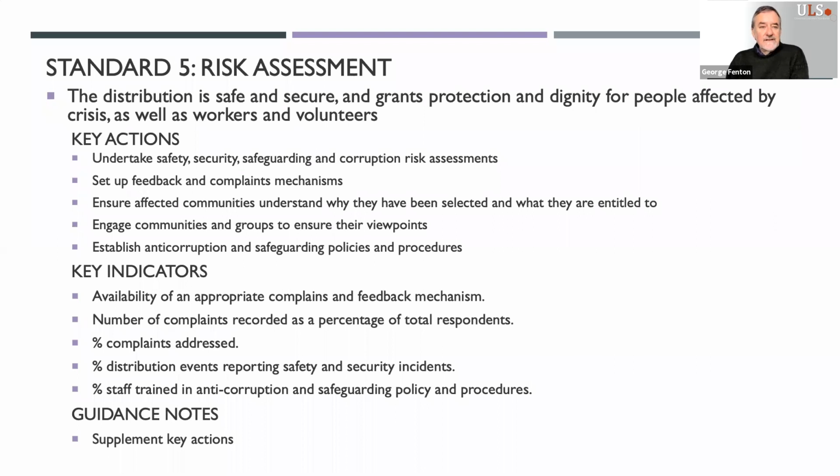Standard number 5 is around risk assessment. And the standard states that distribution is safe and secure and grants protection and dignity for people affected by crisis, as well as workers and volunteers. And the key actions here are to undertake safety, security, safeguarding, and corruption risk assessments, and initiate prevention and mitigation strategies with a special emphasis on risks to vulnerable groups and individuals.